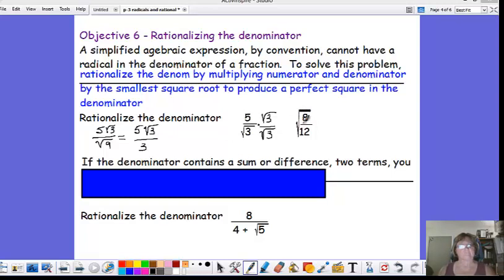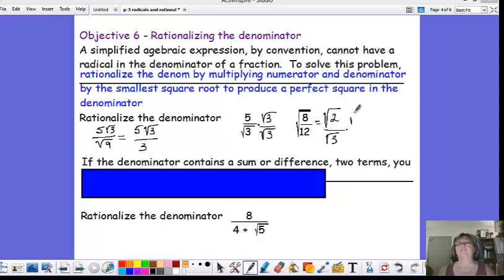This one, the square root of 8/12. First thing I would do is reduce 8/12. 4 goes into 8 twice, and I know that I can do radical over radical. 4 goes into 12 3 times. So I'm really talking about the square root of 2 over the square root of 3 here.